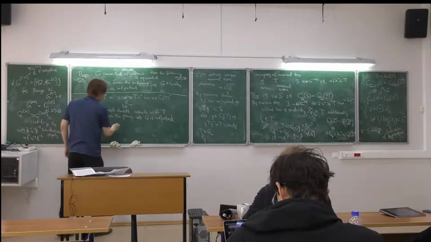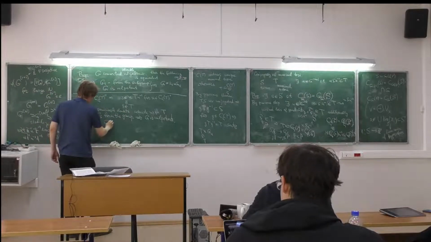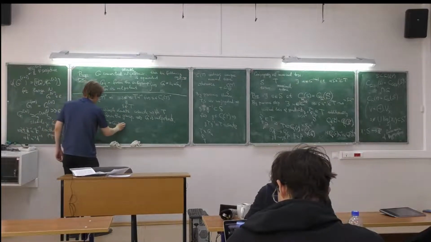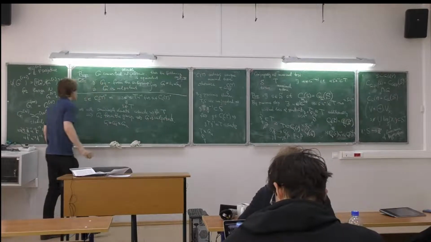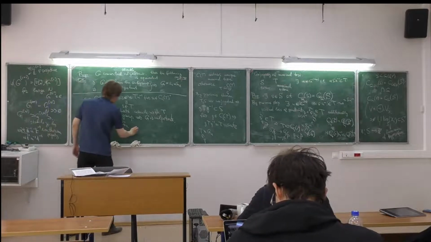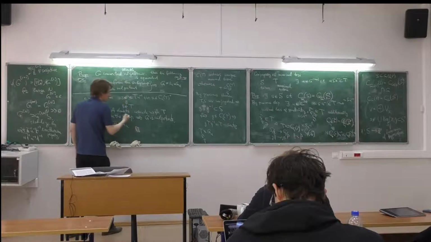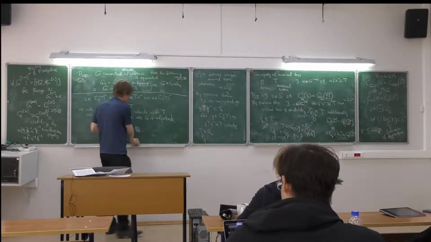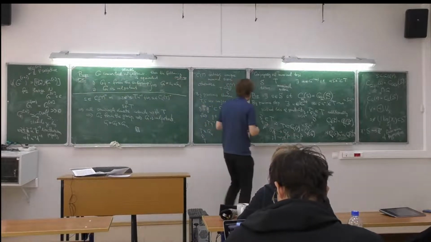So this is a direct product of G_S times G_U. So this implies that the Cartan subgroup is automatically nilpotent.